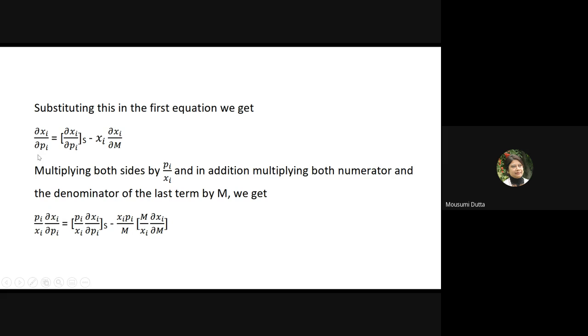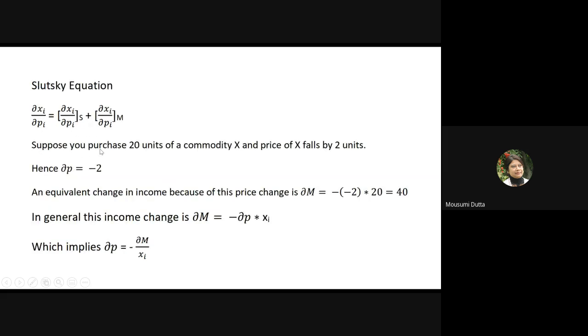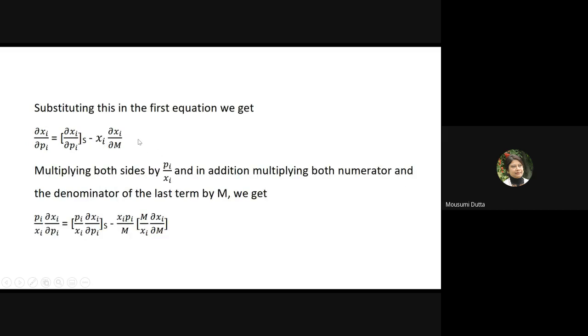Okay. So this equation, you can number the equations. So you can number this as equation number 1. This you number as equation number 2, and this you number as equation number 3.